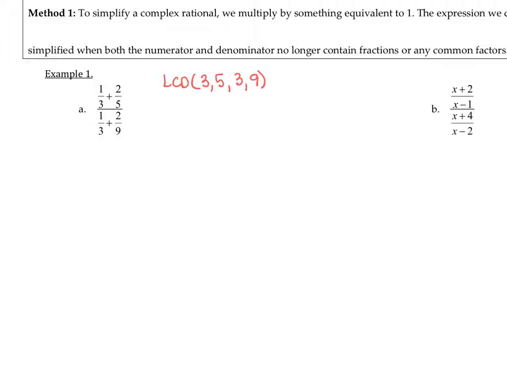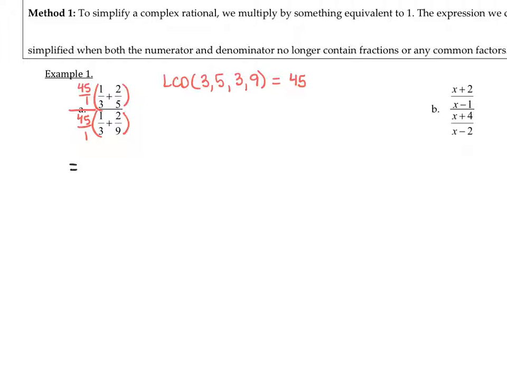You want to think about if you were trying to add these four fractions together, what common denominator would you use? In this case, we would use 45. So we are going to multiply this fraction by 45 over 1 over 45 over 1. It's really like we're multiplying by 45 over 45.